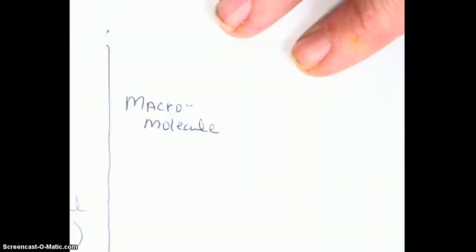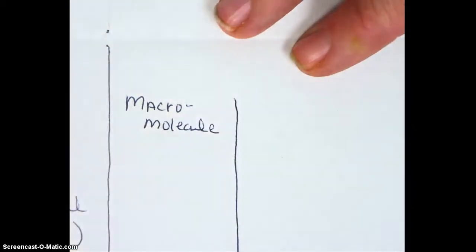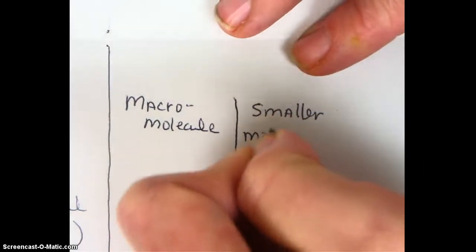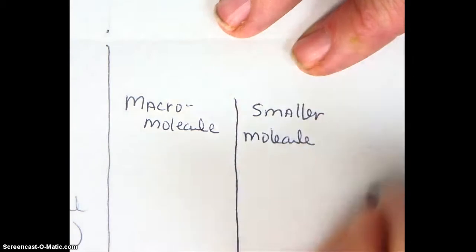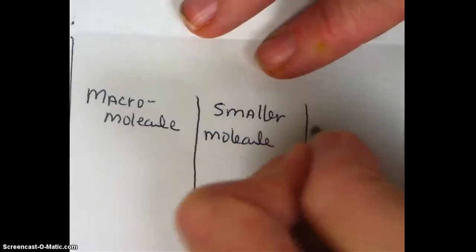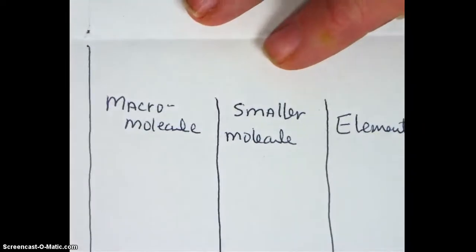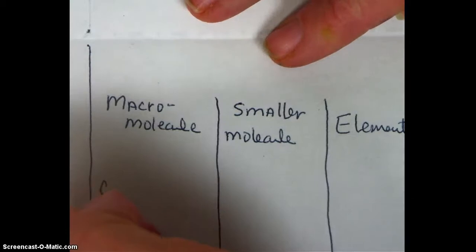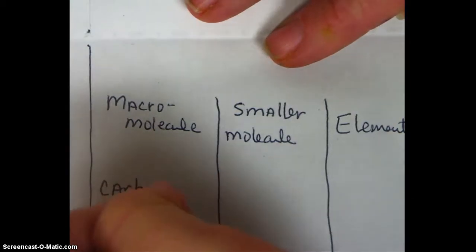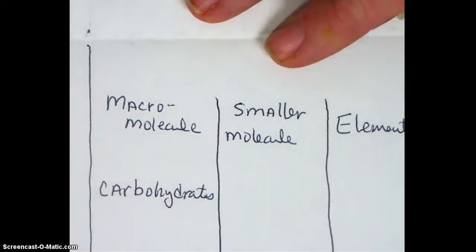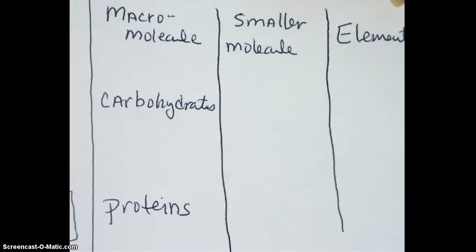A macromolecule is a very large molecule, and it's going to be broken down into a smaller molecule, and finally into elements. The macromolecules that we're going to study are carbohydrates and proteins.